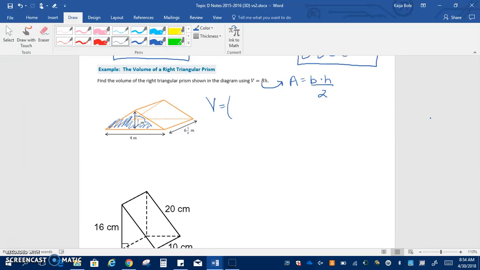So our base is 4 times our height is 1/2. Divide all of that by 2. Then times our height, which is 6.5. So 4 times 1/2 is 2. 2 divided by 2 is 1 times 6.5. So our volume would just be 6.5 cubic meters.